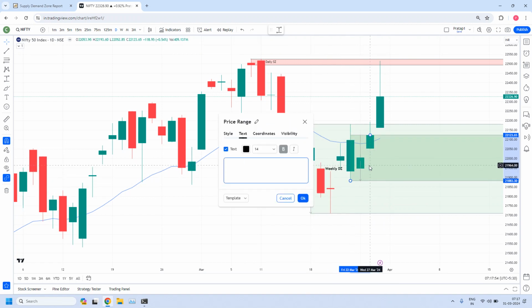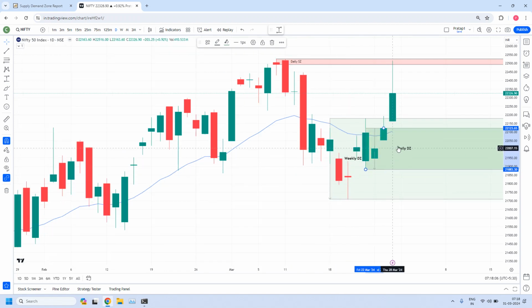Maybe inside this daily you may find a 75-minute or 125-minute zone. If you can fine tune inside up to 5 minutes, then this zone will work as a very strong zone.